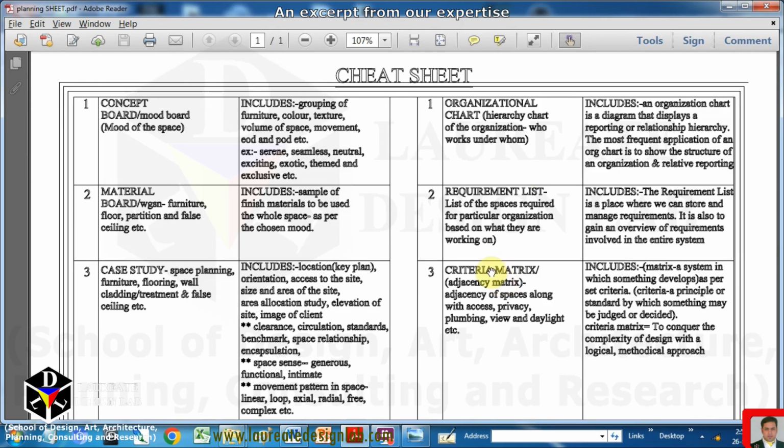And there also there's another thing integrated, the adjacency matrix. So these are the 4 important aspects before entering into the world of space planning or organizing the space. So thank you very much for watching this video. This was a very basic understanding of space planning.